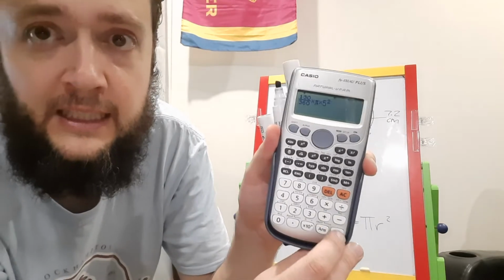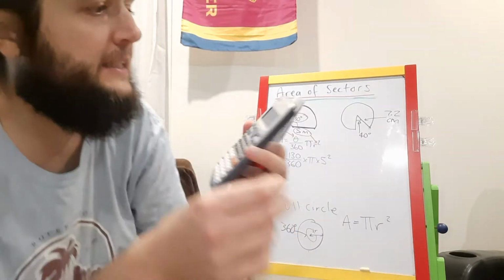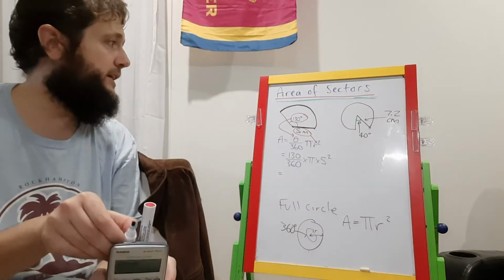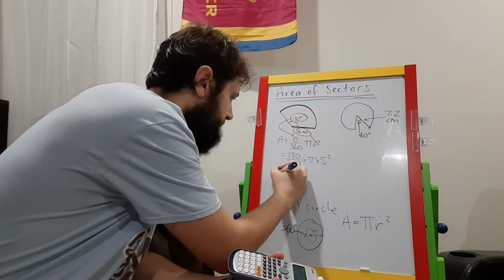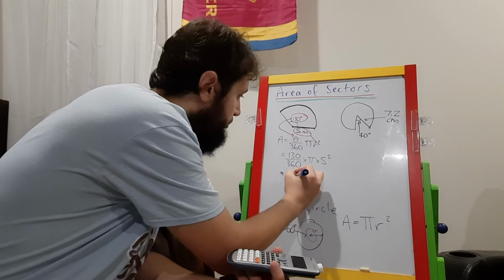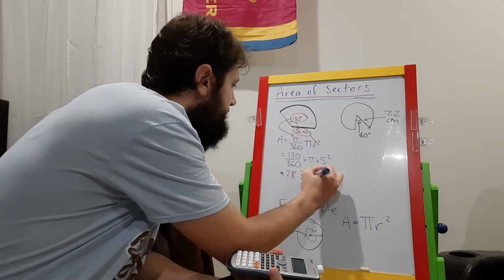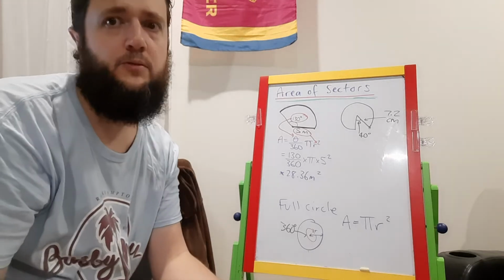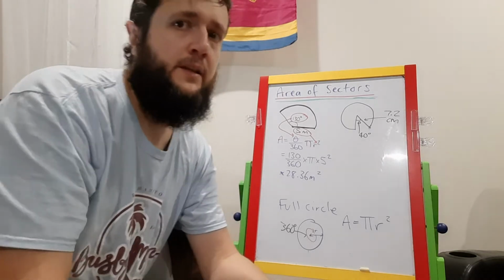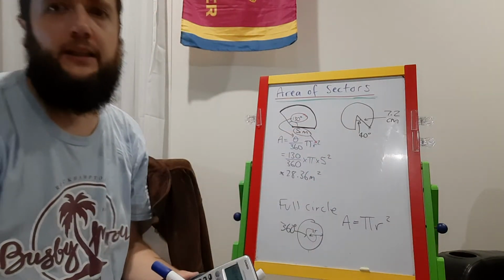So I press equals, and I'm told that the area is approximately 28.36 meters squared. Remember to use our units there, and it's squared because it's a measure of area. Now over here there's a deliberate trick in it.